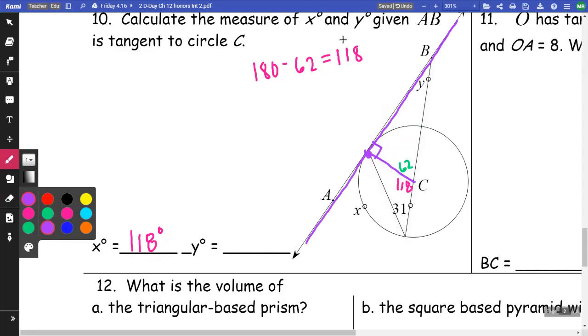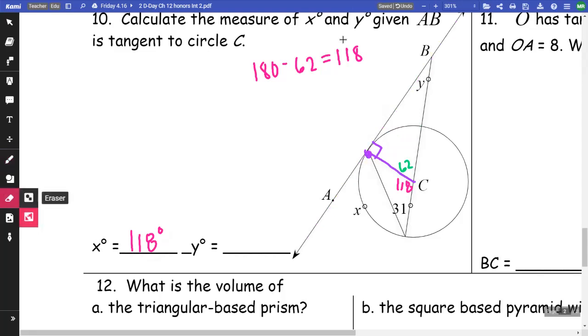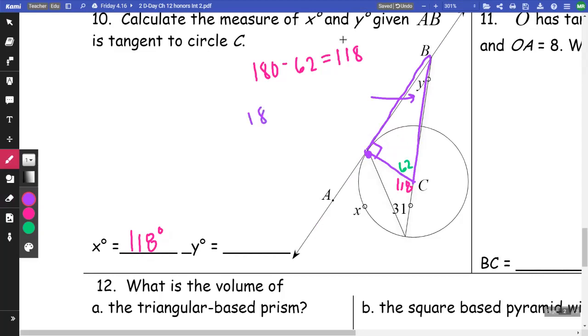So I have a 62 degree angle in basically this triangle right here. 62 degrees, I have 90. And so to find this, I'm going to take 180 minus 90, which is 90, minus 62, which is going to be 28. And this is going to be 28 degrees.